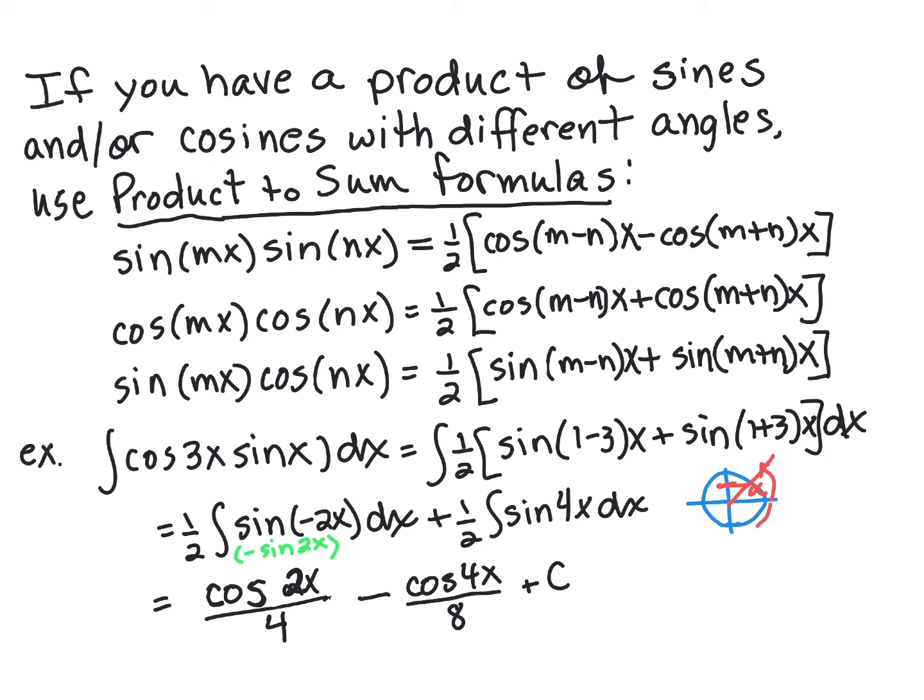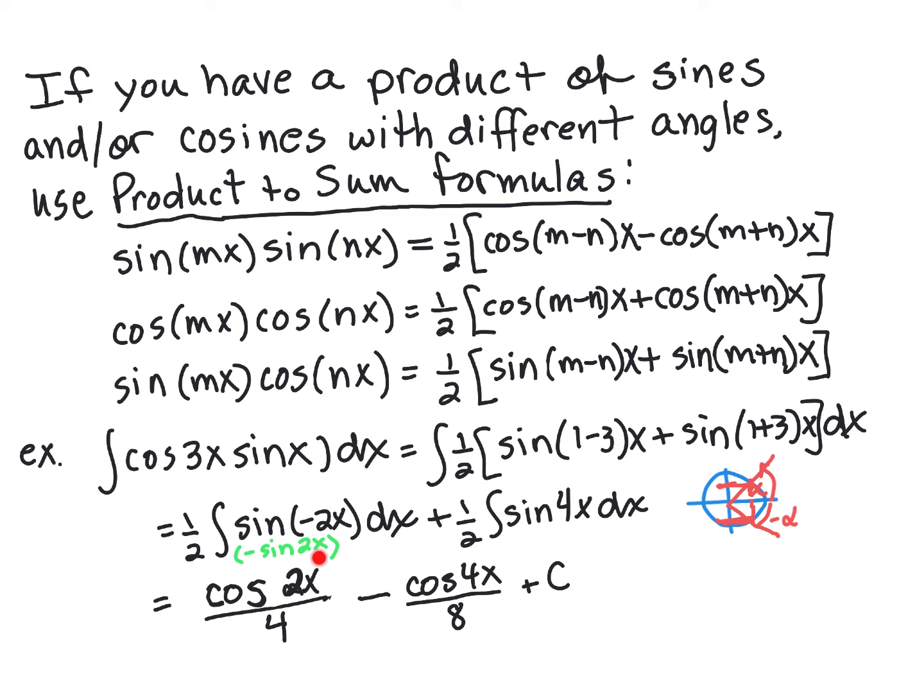If I rotate this way, the same distance where these things match up, I'm going minus alpha. Notice that I'm going to get the same value of sine, it's just the negative of it. It doesn't matter how far around you rotate, but when you rotate in the opposite direction, you get the opposite value of sine. Cosine, you get the same value because the cosines will match up. But this is actually just negative sine of positive 2x.